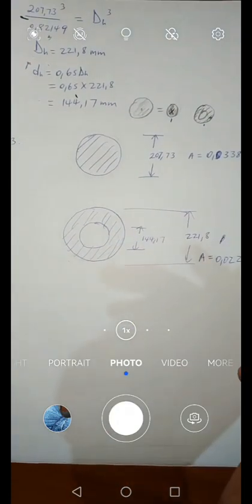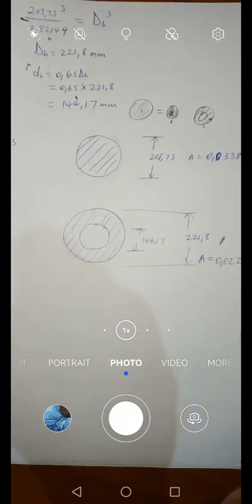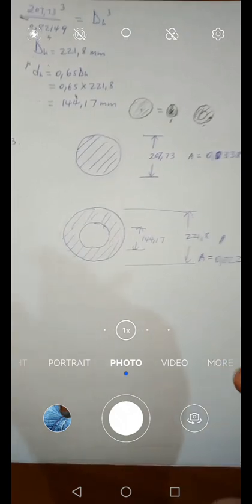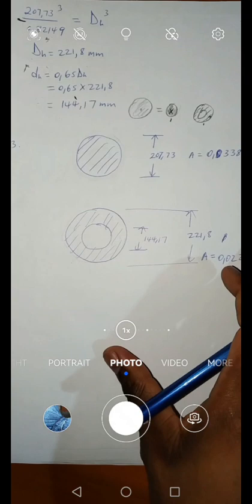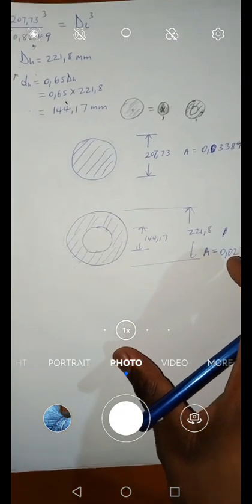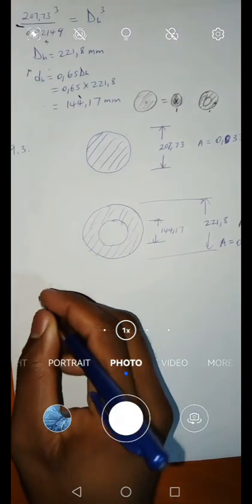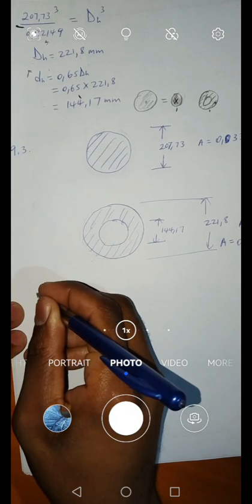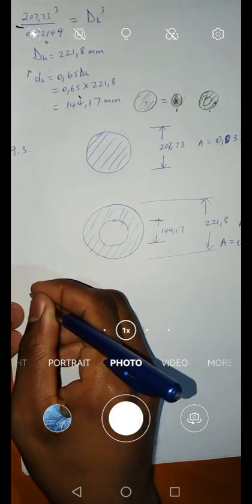So now we want to know that amount of saved material in terms of percentage. Then you can say, I'm going to take it from the basic.